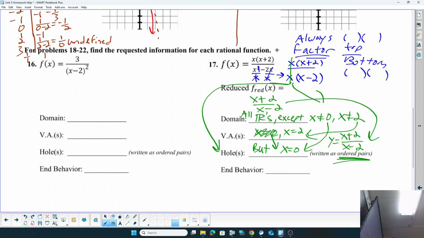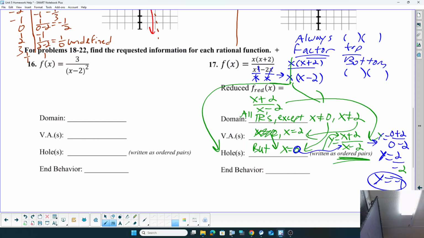And then we take our hole, which is x equals 0, and we plug it in there. So then we get y equals 0 plus 2 all over 0 minus 2. And so those zeros go away, and you're left with 2 over negative 2, which is y equals negative 1.